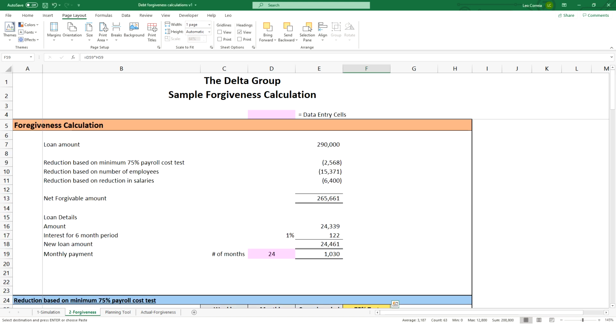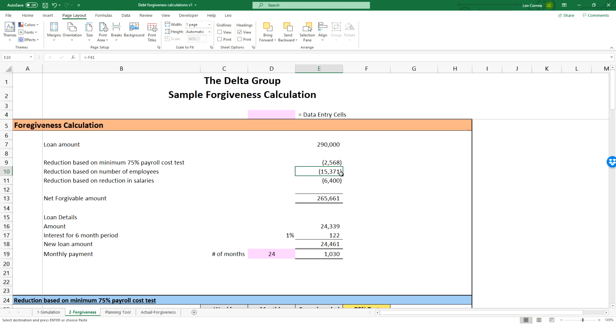Now, based on the numbers that we put in the simulation section of this workbook, we can now see that we have a loan amount of $290,000. We have the 75% test, which has reduced our loan by $2,500.